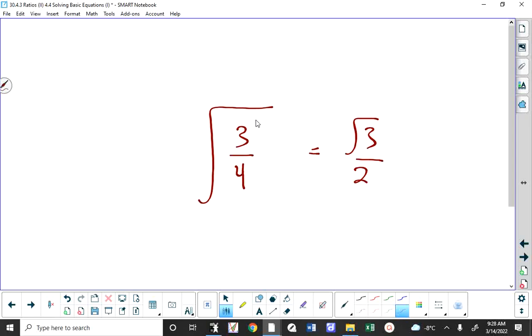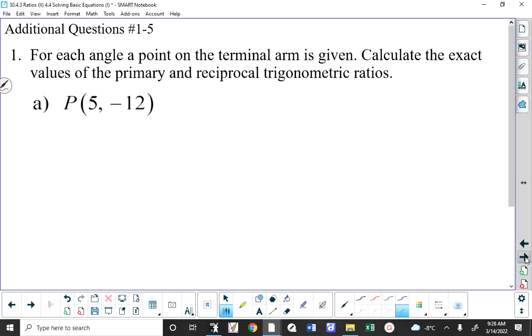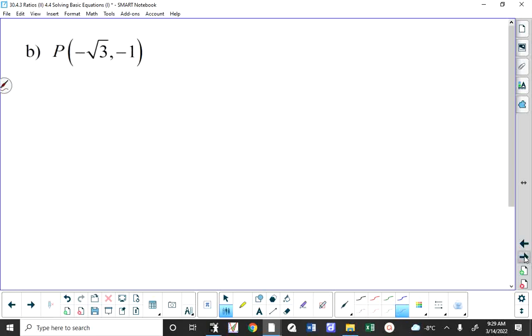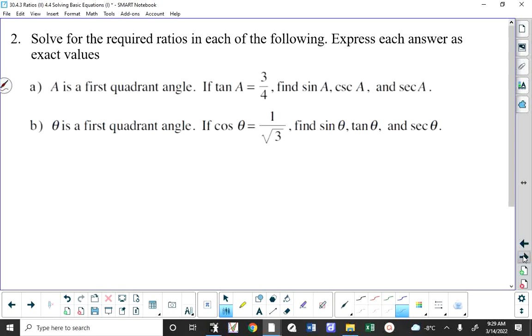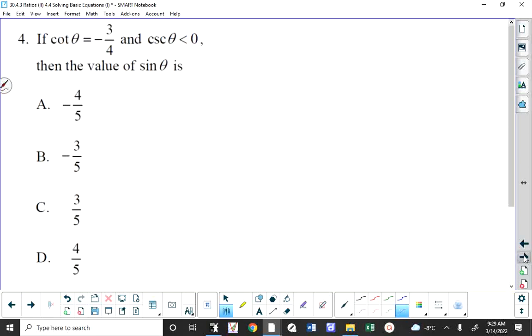Okay. The other types of questions that you were dealing with would be these types of questions where you know x and y and you need to find out all the trigonometric ratios. The thing that you have to be cautious of here, and I will give you a specific illustration of this, is something like number 4, where you're given some information there.